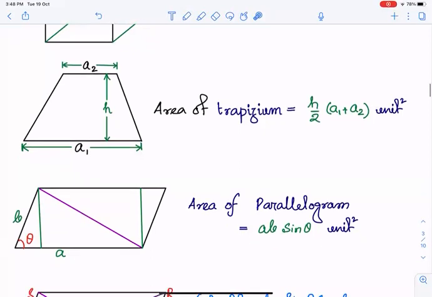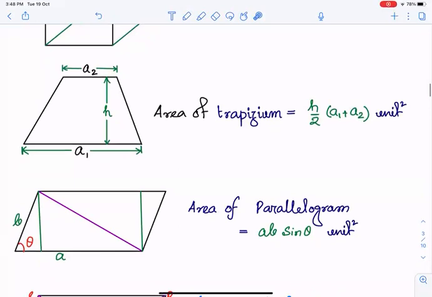The alternate description of the same result: this is B, this angle is theta, so this perpendicular length will be B sine theta, right? And hence we consider this base as A and this height as B sine theta, giving you the area AB sine theta.